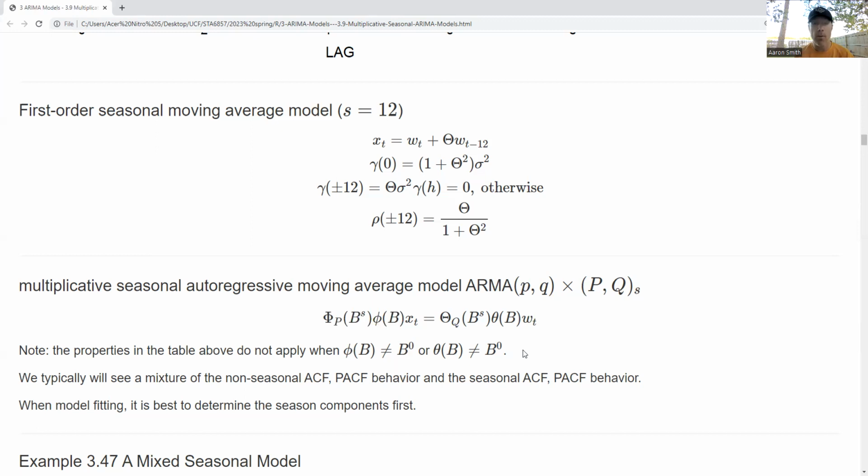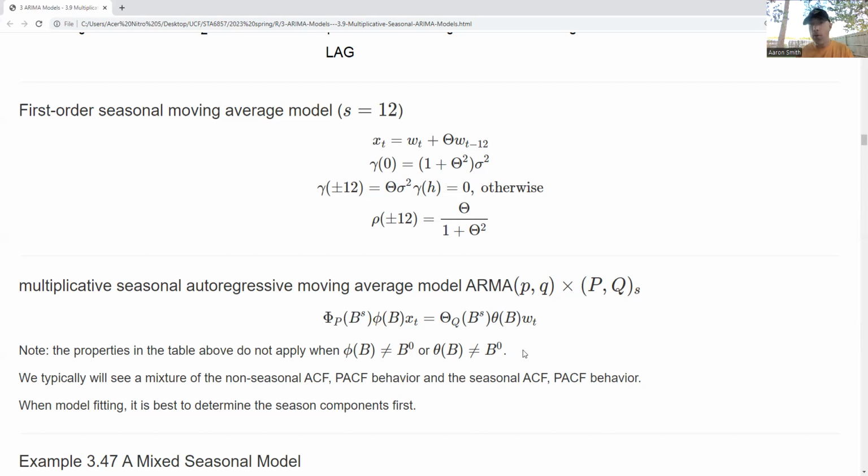And so we typically see a mixture of non-seasonal autocorrelation and partial autocorrelation behaviors. When I look at regular ACF, regular PACF, seasonal ACF, seasonal PACF, most of the time when I'm actually looking at real data, it's all jumbled up and it's hard to spot what I should actually go with.